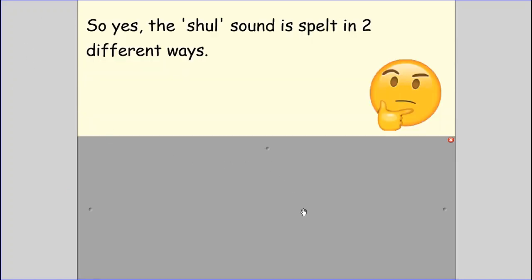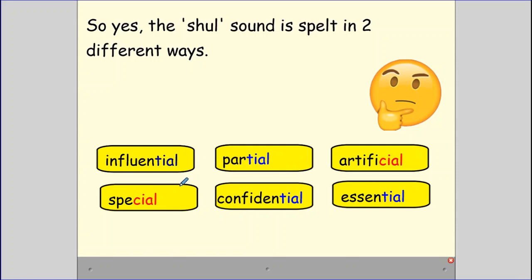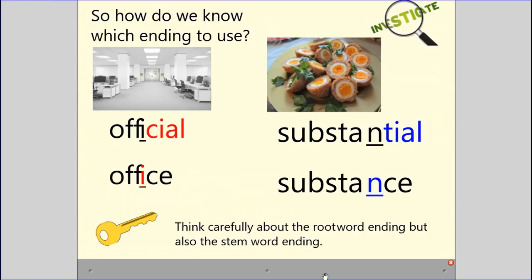So, like I just mentioned, you had two different spellings for the cial sound, didn't you? That was the T-I-A-L and the C-I-A-L spelling. Now, if we take a look at this slide, it'll act as a little bit of a reminder for us as to when we use the C-I-A-L and when you use the T-I-A-L. So, if the end of the stem word ends in a vowel, then you add C-I-A-L.